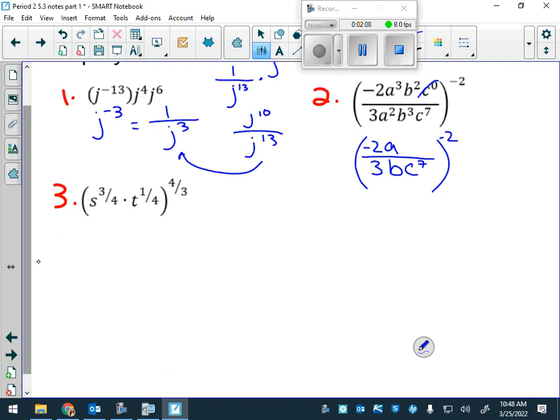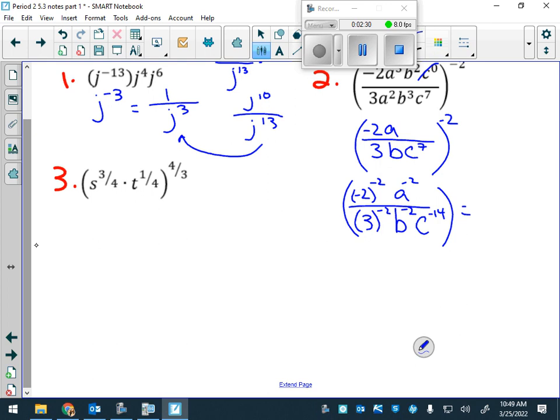So negative 2 to the negative second, a to the negative second, 3 to the negative second, b to the negative second, c to the negative 14th. Now that we have negative exponents, if it's in the top, where does it go? Bottom. If it's in the bottom, where does it go? The top.